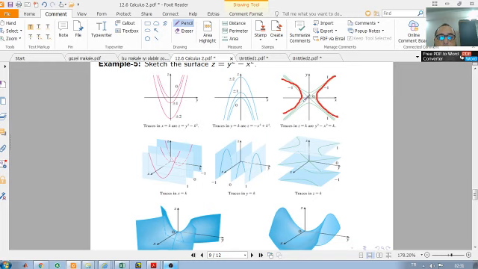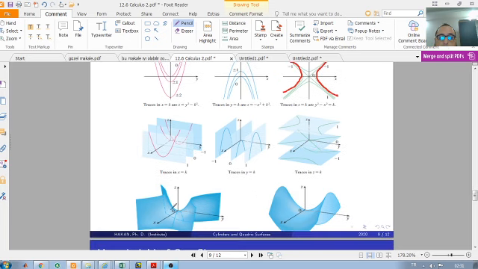And by moving them separately, for example, we move the parabolas on the yz plane along the x-axis, and we move the graph of the parabolas on the xz plane along the y-axis, and we move the graph of the hyperbola in the xy plane along the z-axis.